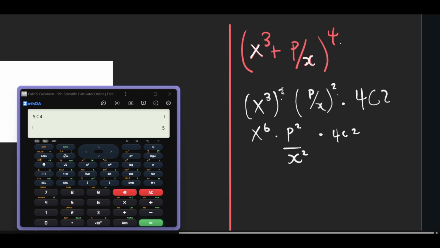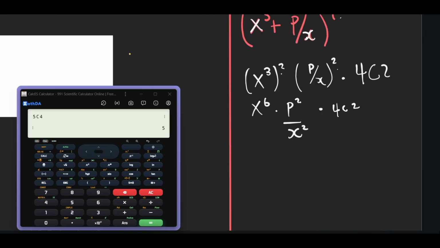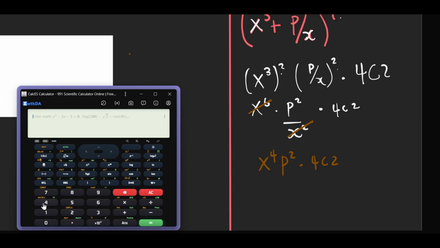So let's simplify this x to the power 6 by cancelling out the powers. It cancels with that, so you'll be left with x to the power 4, p to the power 2, times 4 combination 2. Let's see what 4 combination 2 yields real quick. 4 combination 2 is 6.